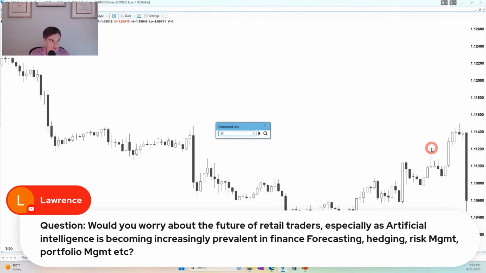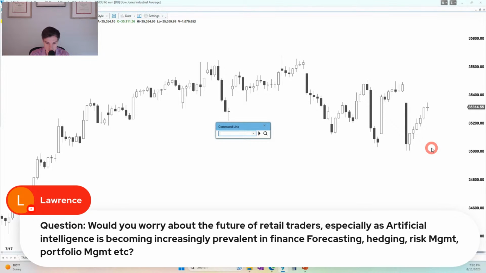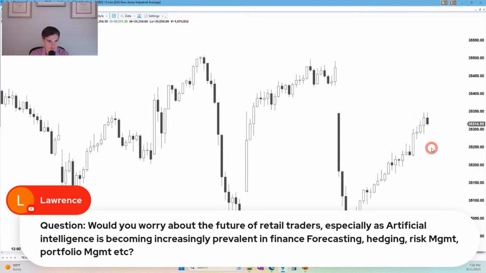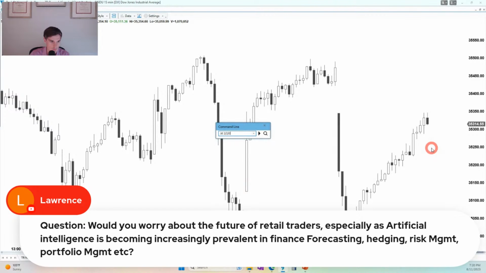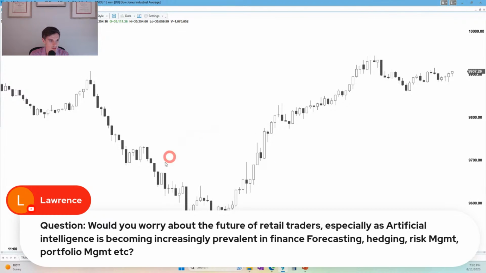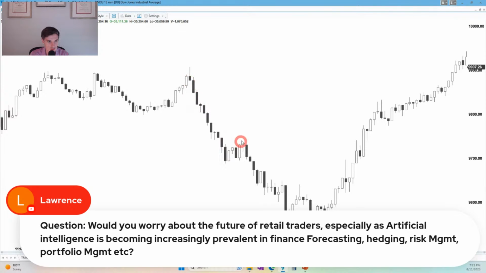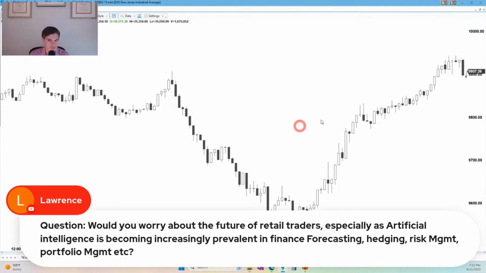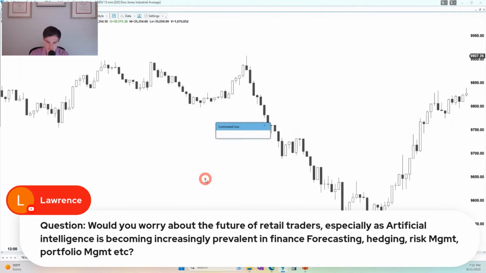Let's just look. There's a Dow Jones on a 10-minute chart. Big sell off, second leg, third leg, sell climax, sideways, buy climax, strong breakout, second leg likely. It doesn't matter.